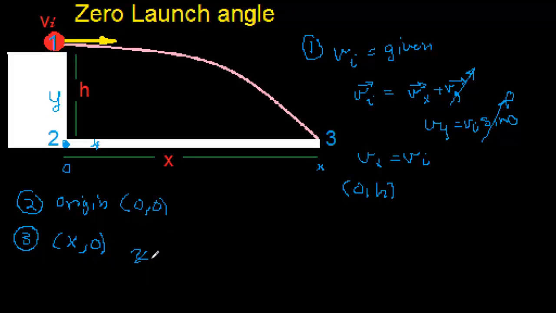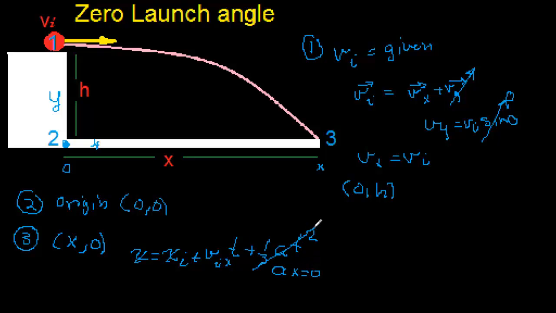x would equal x initial plus the initial velocity of x times time plus 1/2 acceleration times time squared. Since there is no acceleration in the x direction, a of x equals 0, this term equals 0. And the initial displacement for x is 0 since it starts right here. That's a 0 point. This term is 0.